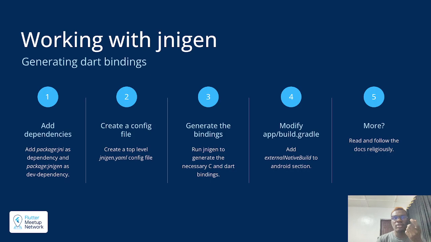Secondly, you create a top-level YAML config file called jnigen.yaml. You generate the bindings by running JNIGen to generate the necessary C and Dart bindings. Of course, you have to modify your app build.gradle to include the section called externalNativeBuild. This is basically to include the generated CMake file in your build.gradle.